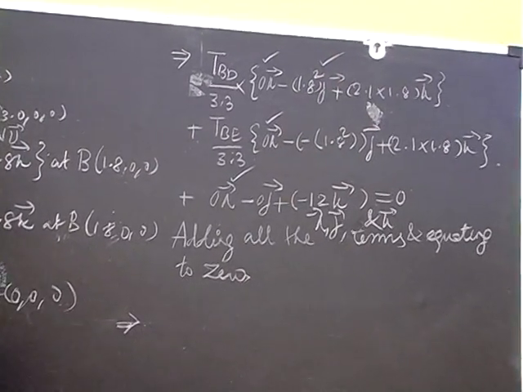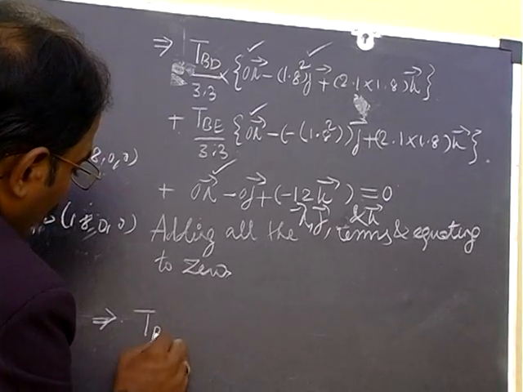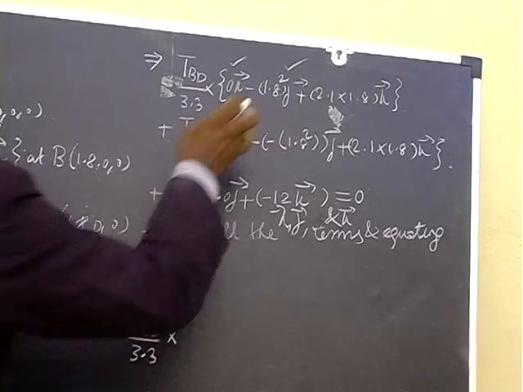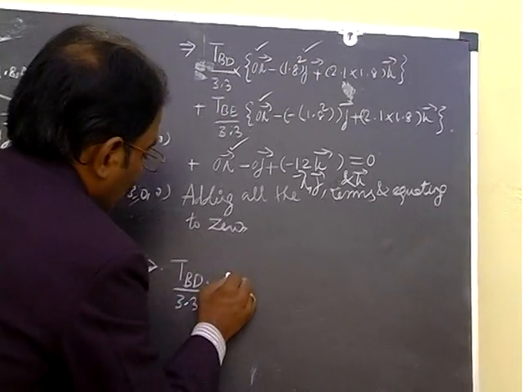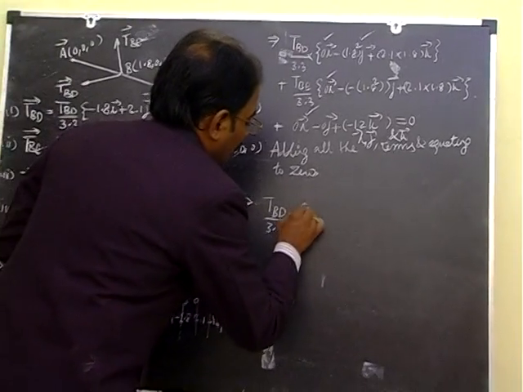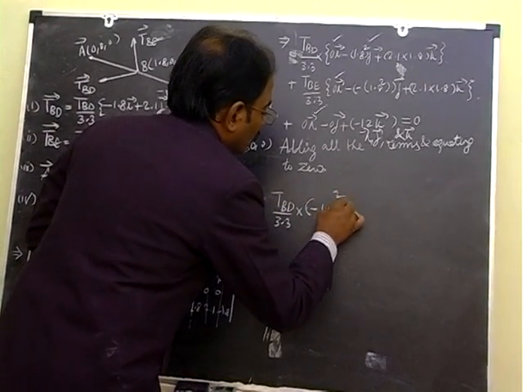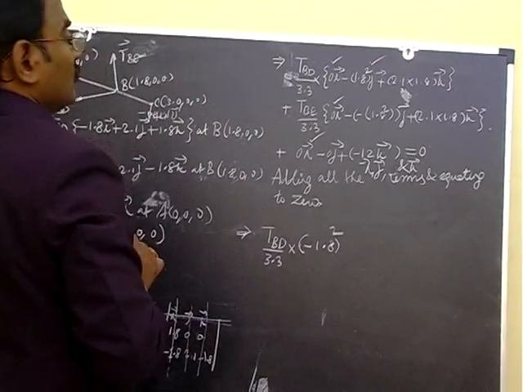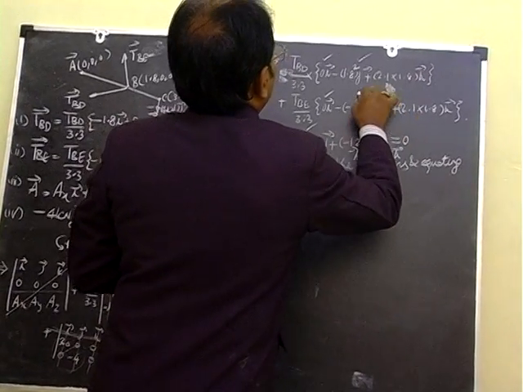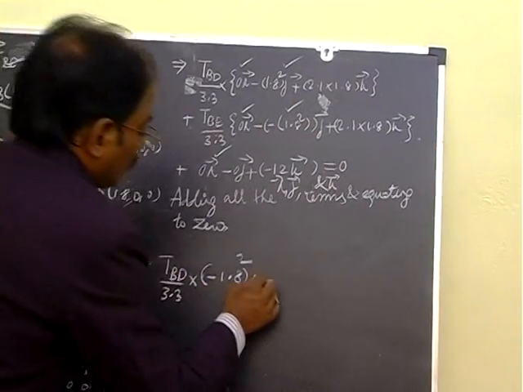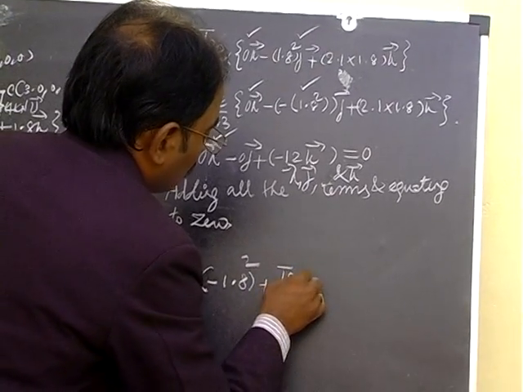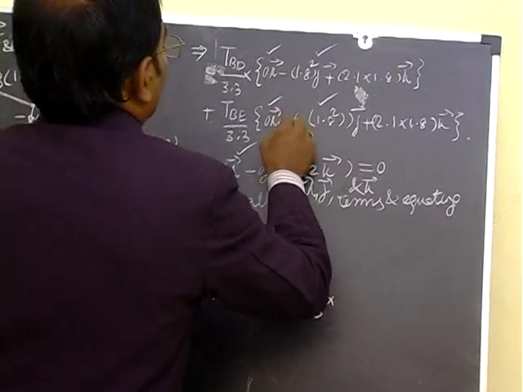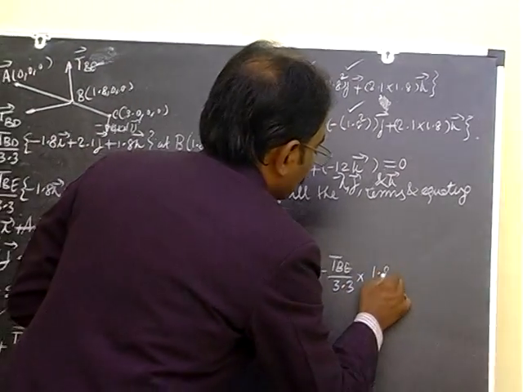We start with the j. So for j, we have TBD by 3.3 multiplied by minus 1.8 square. So this is the value that we get, minus 1.8 the whole square. Then here is our j term, that is nothing but plus TBE divided by 3.3 multiplied by this minus, and minus becomes plus, so we get 1.8 the whole square plus.